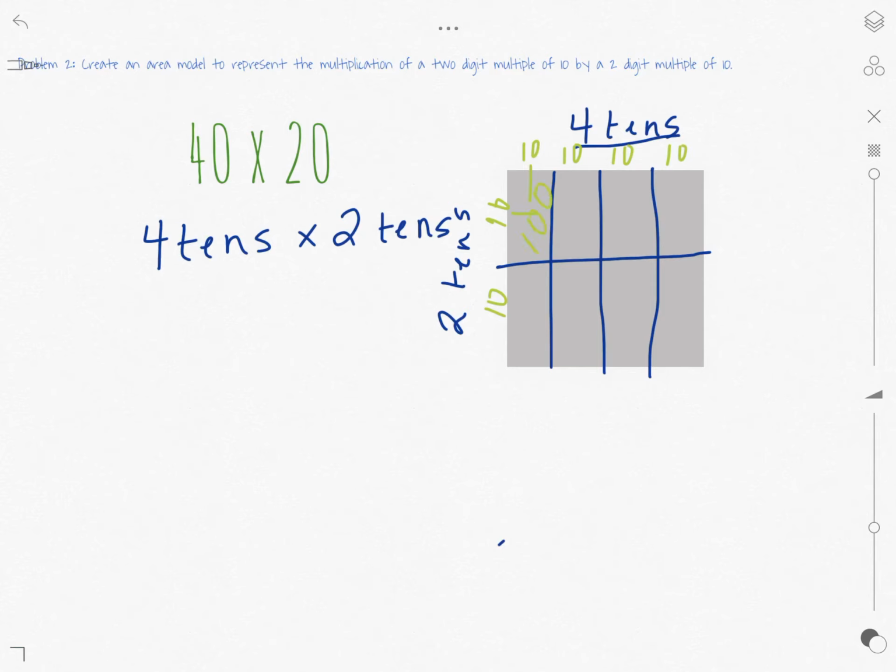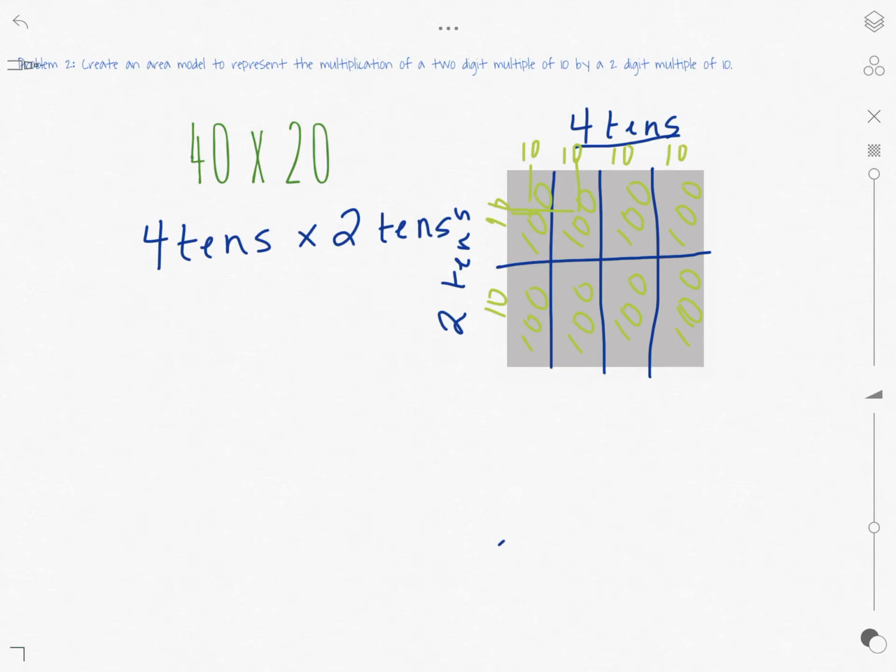And I'm going to do the same thing. I'm going to go across that top row. I know that 10 times 10 is 100. Now, if you pick up on the pattern here, each of these boxes, because I'm multiplying 10 times 10 each time, is going to end up being 100. And then the very last thing you've got to do here is count up your hundreds.